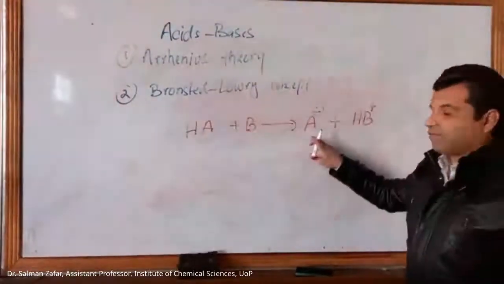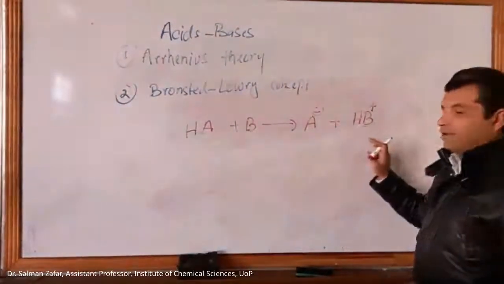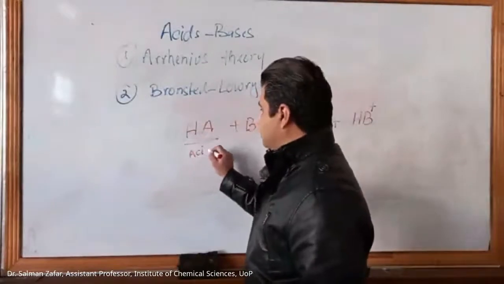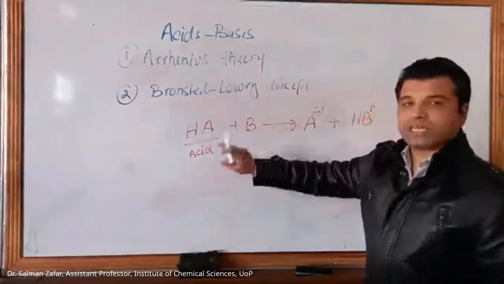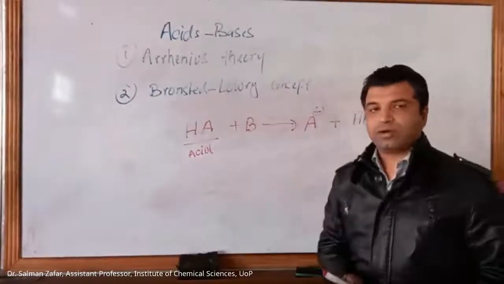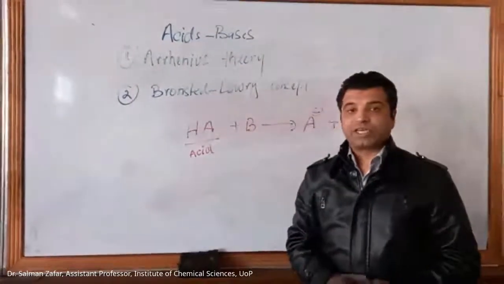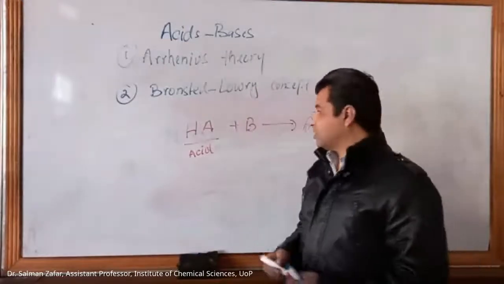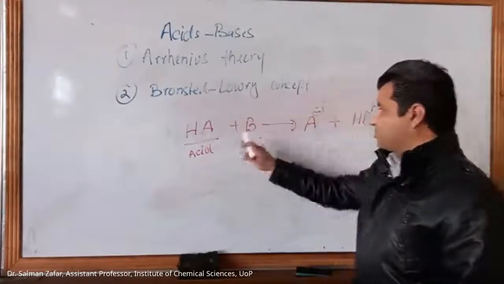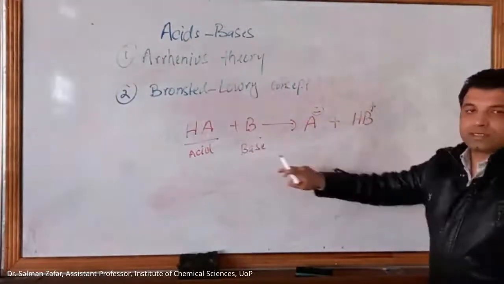So we have the formation of an anion here and a cation. So now you know that this is an acid because it has given away the hydrogen ion, and anything, according to Bronsted-Lowry concept, if it provides or it gives or donates hydrogen ions, is an acid, and anything that accepts this hydrogen ion is a base.